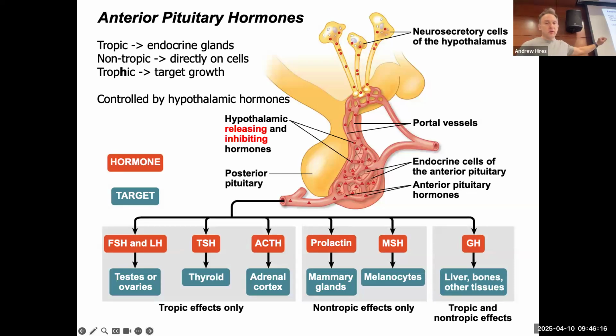Luteinizing hormone is going to do two different things depending on the male or female sex organs. In males, it's going to stimulate Leydig cells, which are also part of the testes, to produce testosterone, which creates male sex characteristics. And then in females, a surge of luteinizing hormone is going to trigger ovulation.